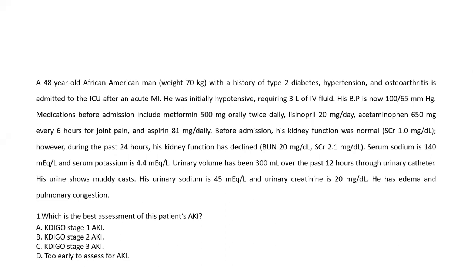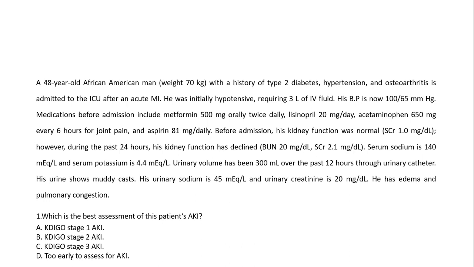If you calculate by weight, it's around 0.3 mL per kg per hour for the past 12 hours through a urinary catheter. His urine shows muddy casts. His urine sodium is 45 and urinary creatinine is 20 mg. He has edema and pulmonary congestion.